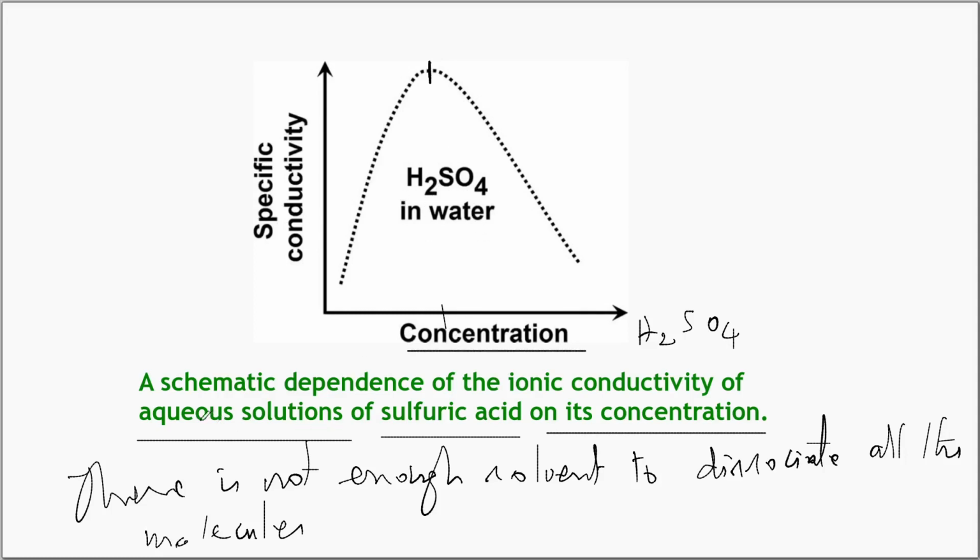We have said that with the concentration, the specific conductivity increases up to a point, and beyond that point, even if you increase the concentration of H2SO4 in water, the specific conductivity slowly decreases. We have seen a mechanism to explain the changes in the conductivity. We have said there is not enough solvent to dissociate all the H2SO4 molecules in the solvent.